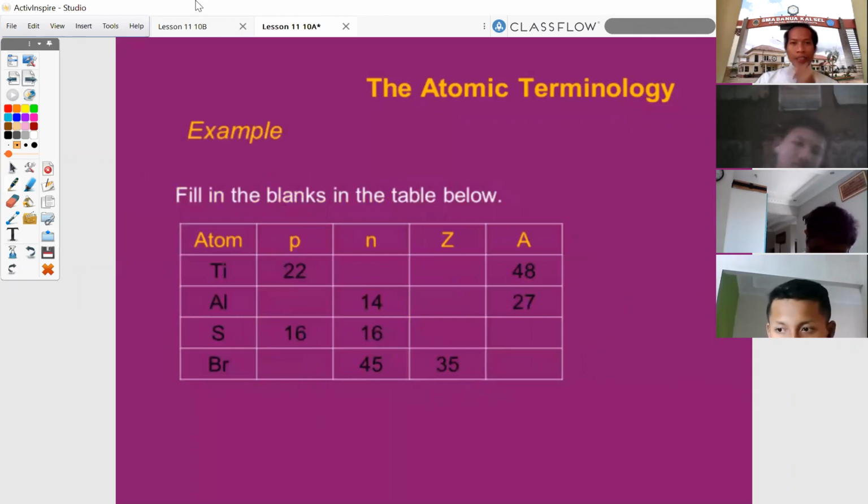Can you fill in this blank, please? Fill in the one which is blank here. I'll give you a couple of minutes to fill in the blank.